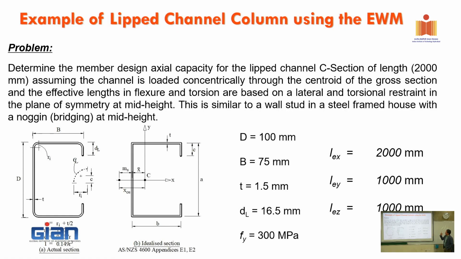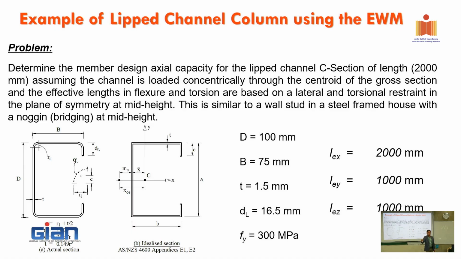Now we start to look at this example. So we need to design a column with a C-section, and that C-section has the dimensions here. D is the depth of the web, which is 100 millimeter.